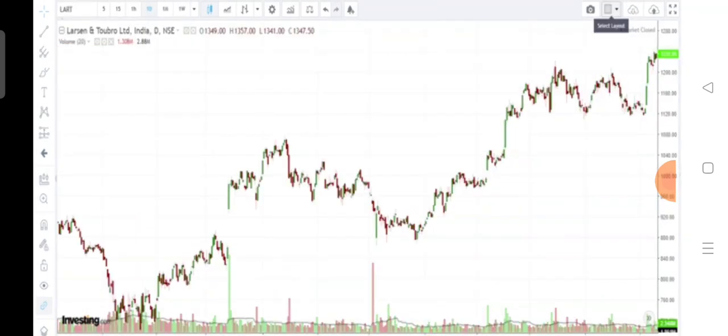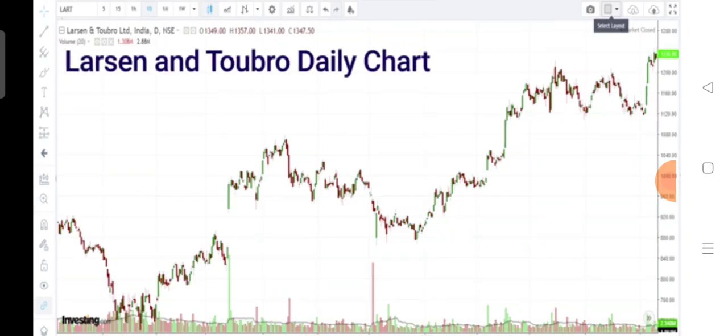Here we are looking at Larsen and Toubro. After an up move, this is a continuation pattern, whereas the earlier one, Tata Chemicals, was a reversal pattern because the down move was quite deep. Here, after this up move, we can see that this wedge is formed and there is a price breakout.